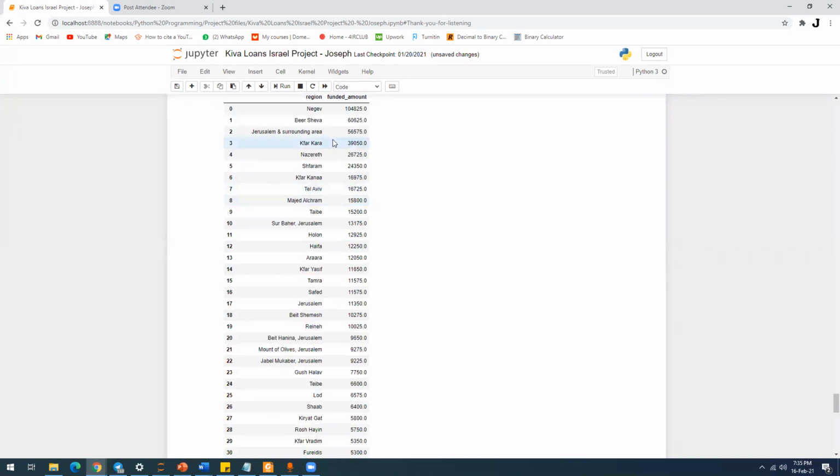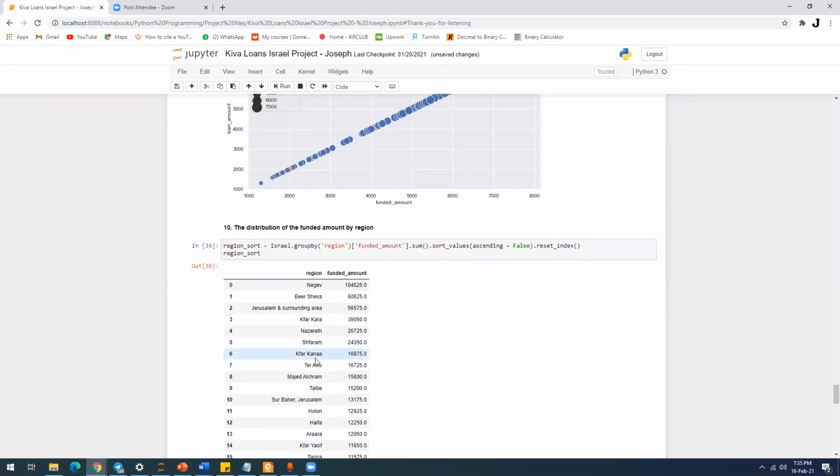Okay. So if you can see, Jerusalem, number 2. And then Jerusalem again, number 10, number 17, 20, 21, 22. So I thought, let me just do something different.